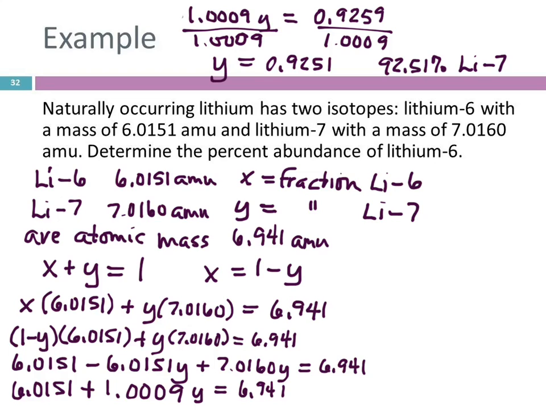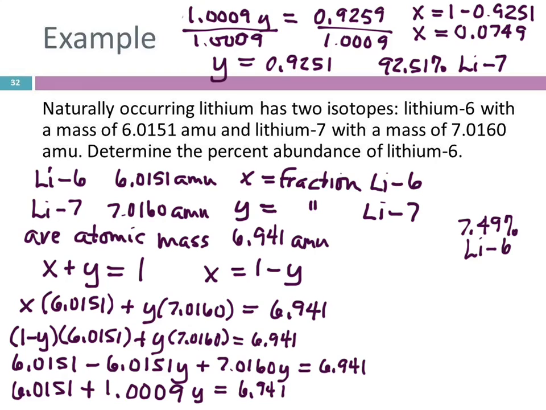So then x equals 1 minus 0.9251. So x equals 0.0749. And so the answer we're looking for is going to be 7.49% lithium-6.